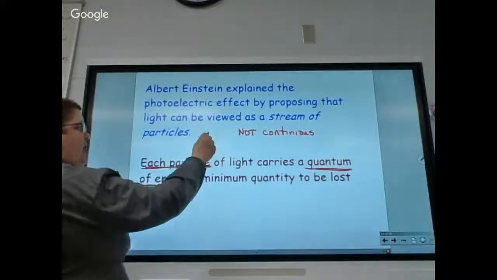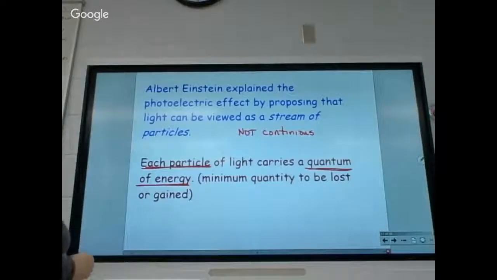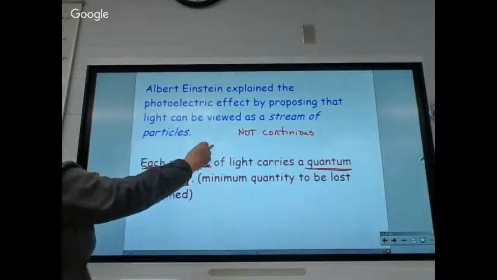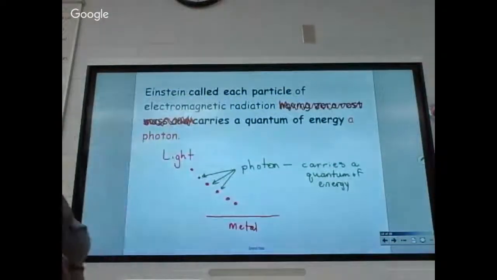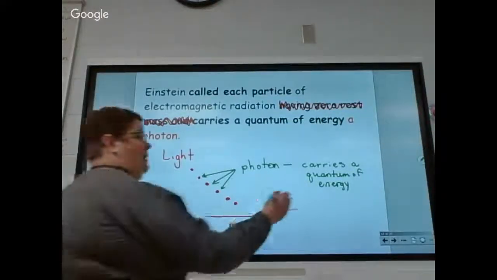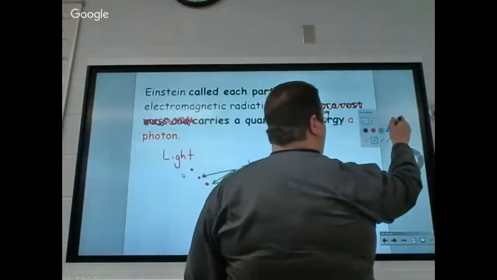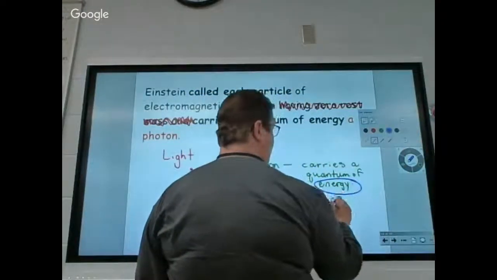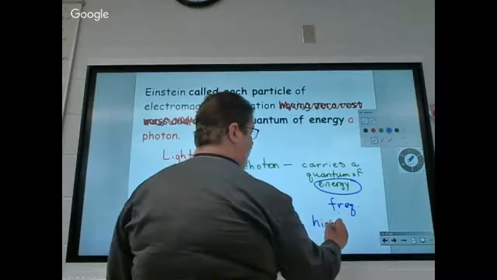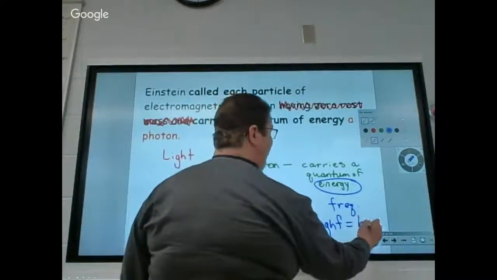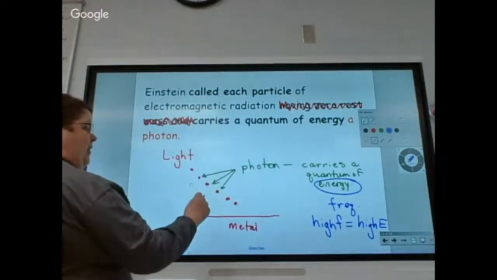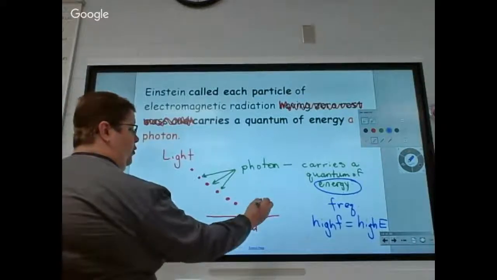Now, these photons have to have a quantum of energy, and this quantum of energy has to have a certain frequency. If we have a high frequency, that means we have high energy. If our energy is high enough, we have a high enough frequency, the electron will be ejected.